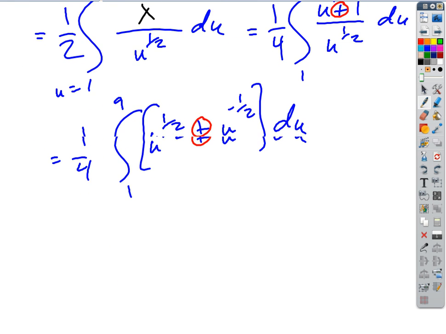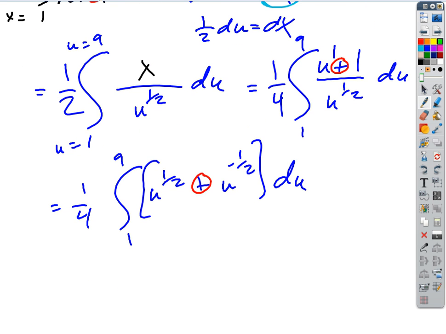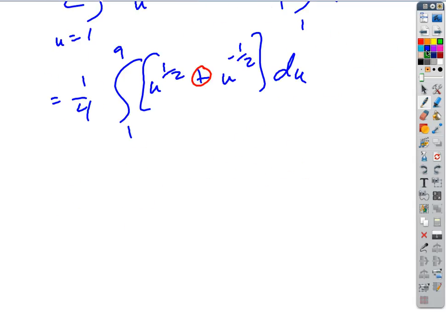Okay, and then 1 over u to the 1/2 is the same thing as u to the minus 1/2, right? And then integrating that, I can just take this term by term. So I've got the 1/4, we'll just leave alone. What's the antiderivative of u to the 1/2? u to the 3/2 over 3/2, which we could better think of as times 2/3, right?